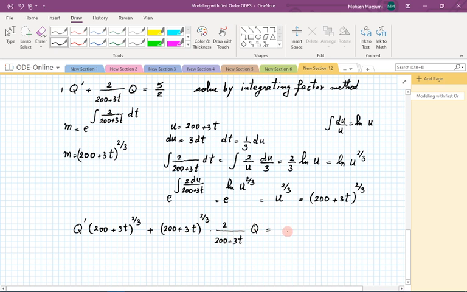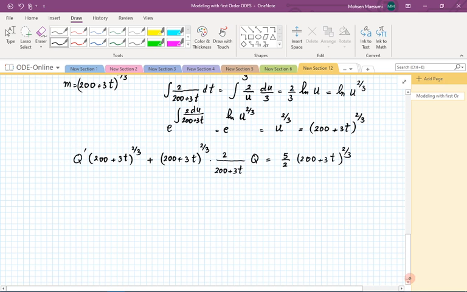Don't forget to multiply the right hand side as well. Right hand side I had a 5/2 already, and now 200 plus 3t to the power of 2/3. Okay, so go ahead and simplify that and write it as a derivative of the product.